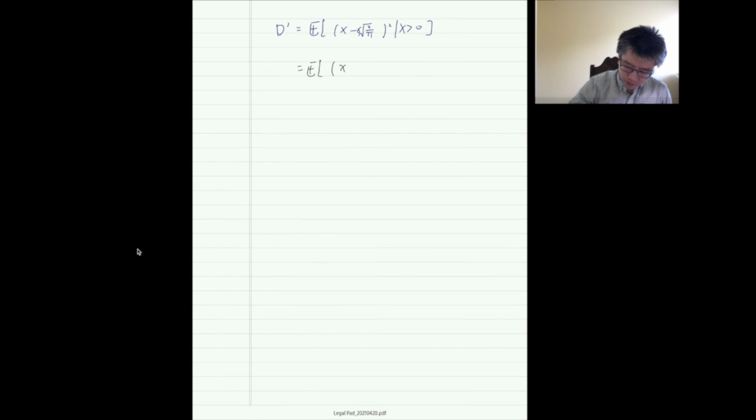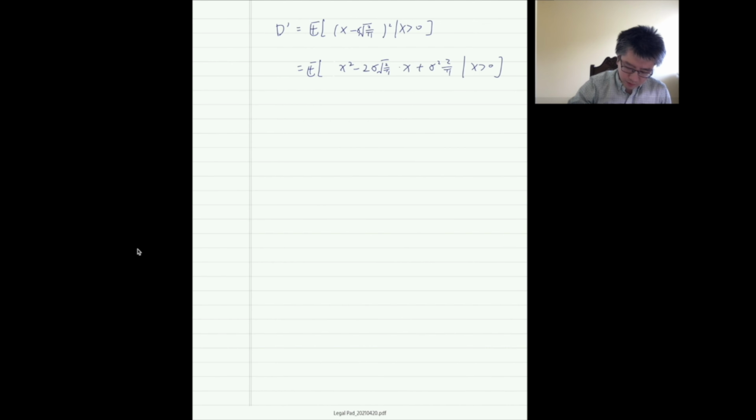In this case, so this is x, and we can expand this. I have x squared minus 2 sigma square root of 2 over pi times x plus sigma squared 2 over pi, given x bigger than 0.